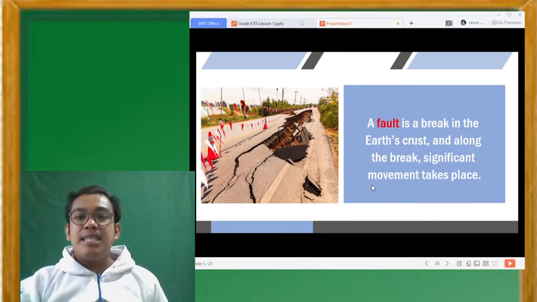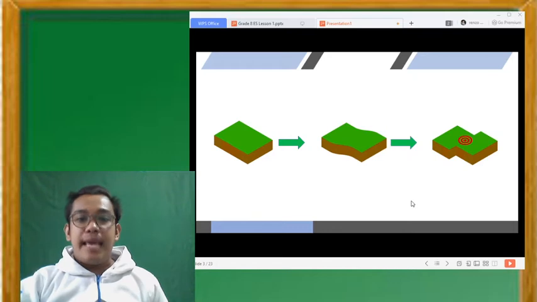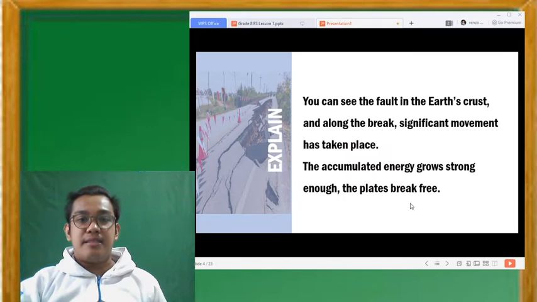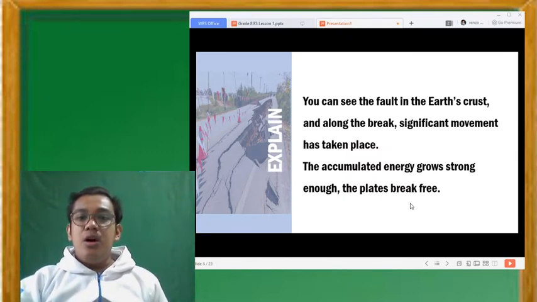A fault is a break in the earth's crust, and along the break significant movement takes place. So we have different kinds of crust plate movement in our environment. You can see the fault in the area where a crash and a long break occurred and significant movement has taken place.